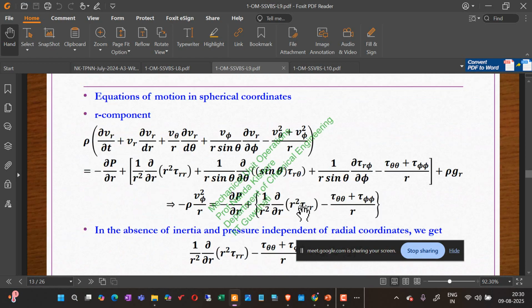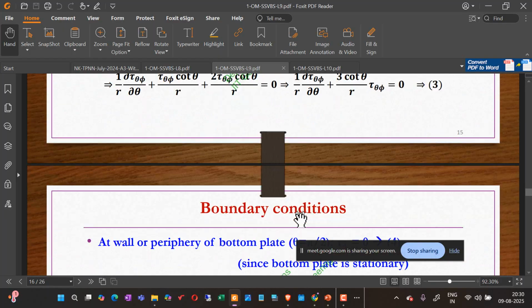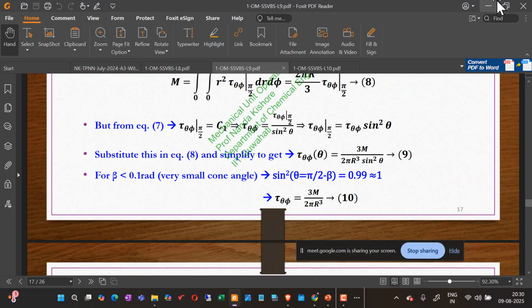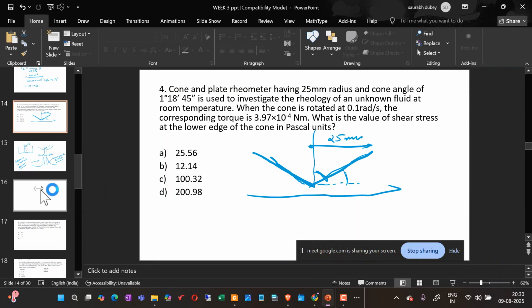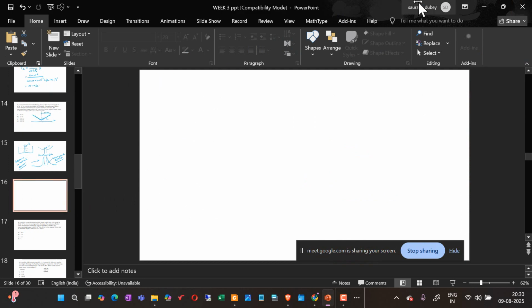And this is very small. So let us solve this question. The main thing is following each step, not leaving any steps out, then you will come to the end.